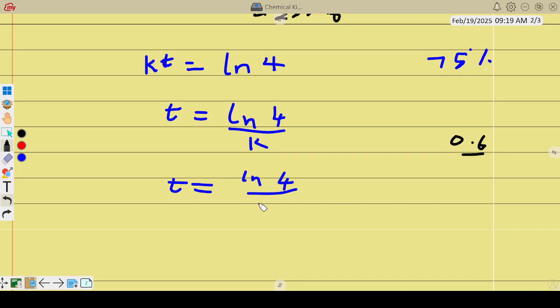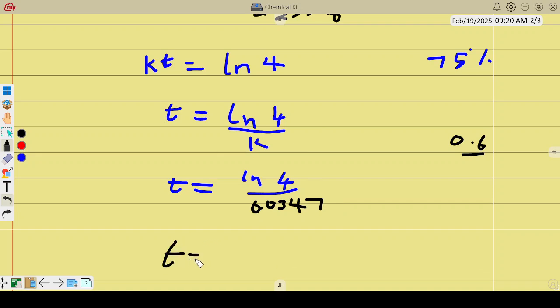We found 0.0347, somewhere around this figure. So we can just recalculate the value of k.